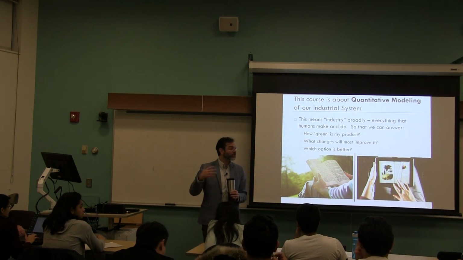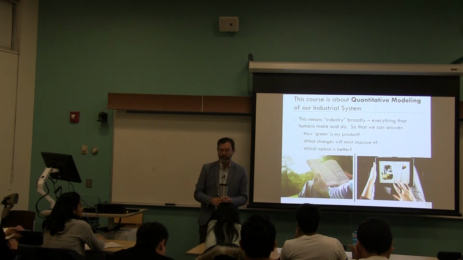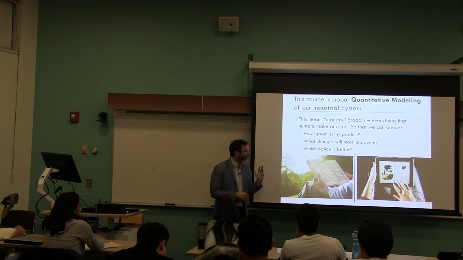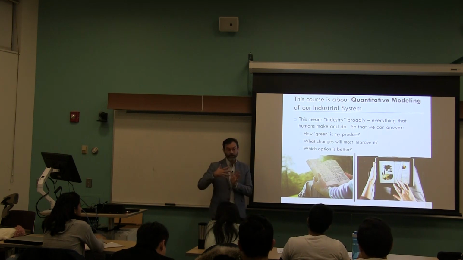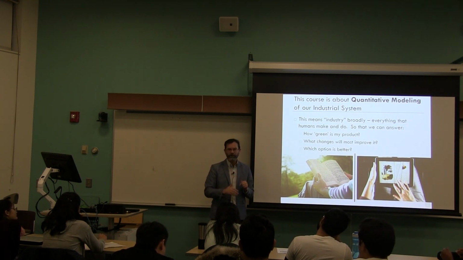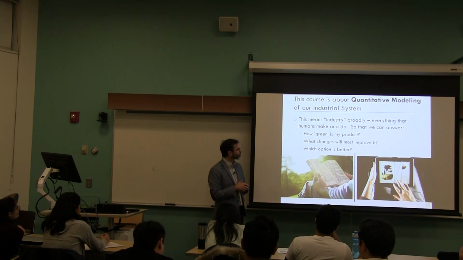Most of these emissions you can't see. They happen in faraway places. But we want a method to be able to count all of them and add them up. And we also want a method to look at what it takes to go into this product: all the resources, the water, the energy, the non-renewable materials like aluminum, for example. We want to count all of those too.